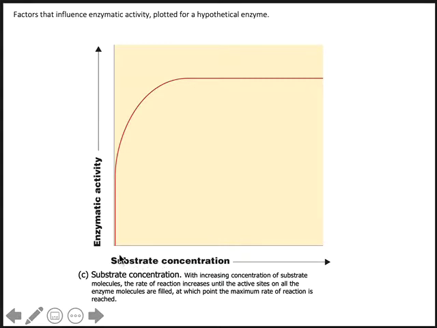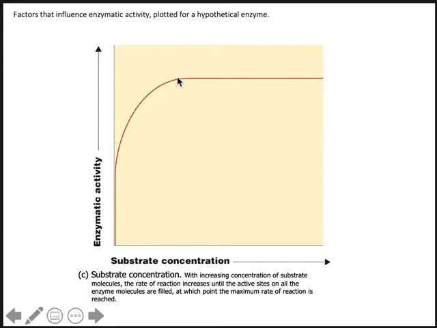So if you keep adding more and more and more and more substrate, your enzyme's gonna produce more and more and more product until you reach this point here. And what is this point called? The saturation point.